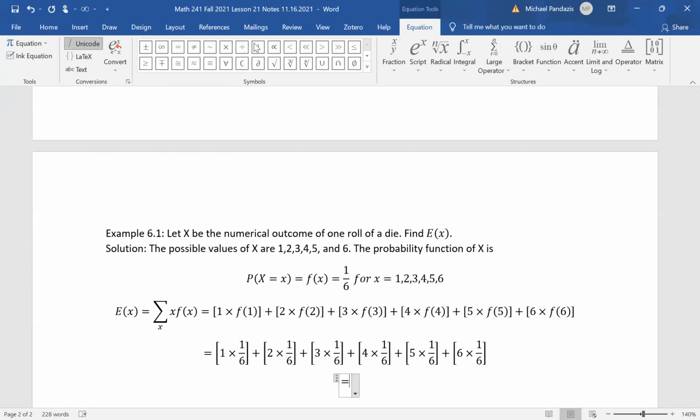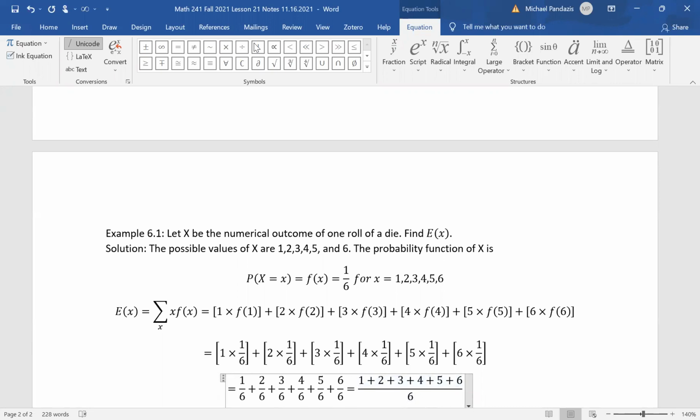You just multiply each of those and add them. So 1 times 1/6 is 1/6, plus 2 times 1/6, which is 2/6, plus 3/6, plus 4/6, plus 5/6, plus 6/6. Okay? So this is the same as 1 plus 2 plus 3 plus 4 plus 5 plus 6 divided by 6.